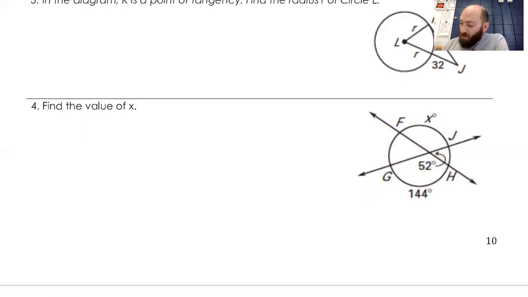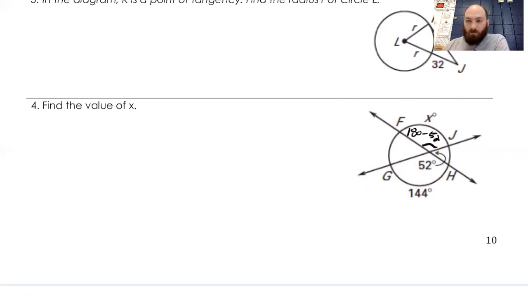This angle is 180 minus 52. I'm just going to do this problem because this one's a little bit tricky. So 180 minus 52, let me write that somewhere else here, which is going to give me 160, or yeah, 160.